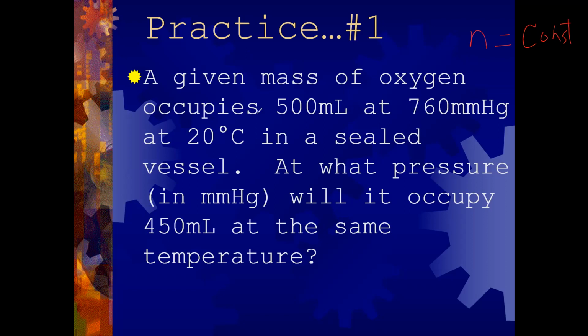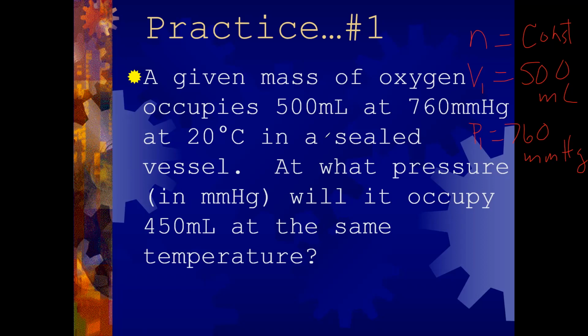Right, the next thing it's talking about, it says it occupies a volume, so that's volume 1 of 500 milliliters at a pressure of 760 millimeters of mercury. Okay, temperature is not mentioned. See, it says at the same temperature, so we know the temperature is constant.